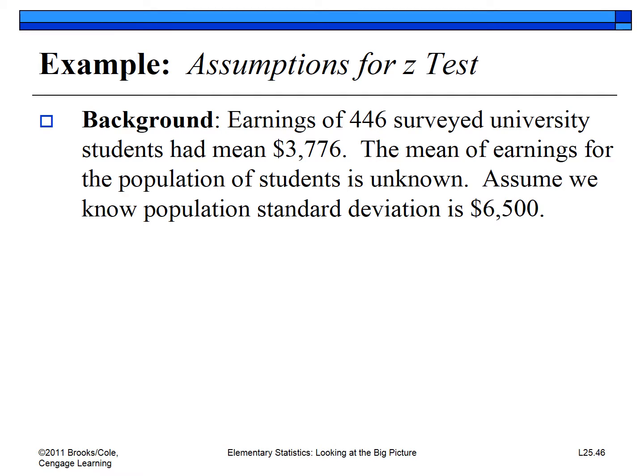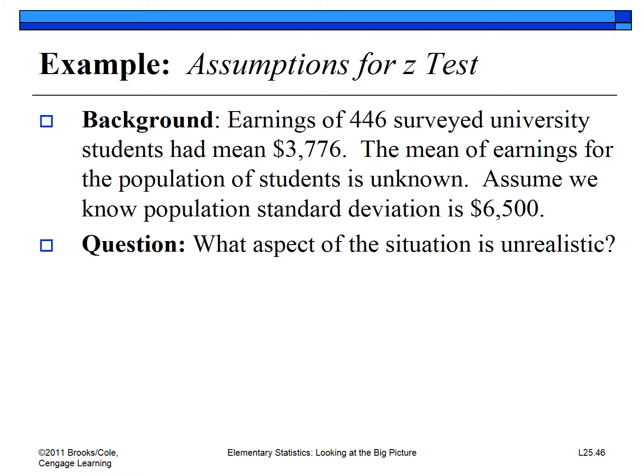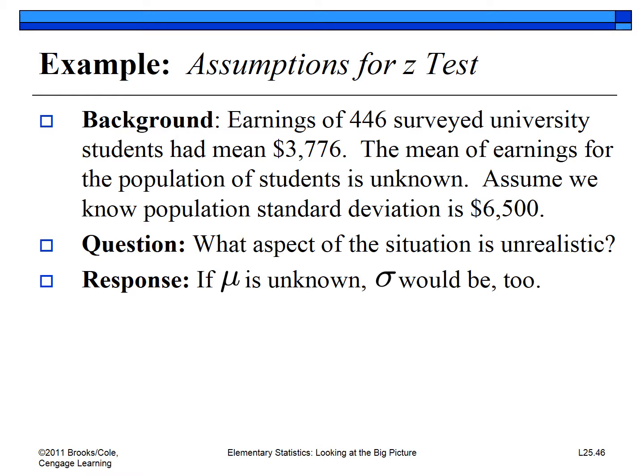Now, looking again at our example that we've been going back to, what about this situation is unrealistic? Well, honestly, if we knew enough about the population standard deviation, we would probably be able to compute the mean, because the mean is required to do that computation for standard deviation.